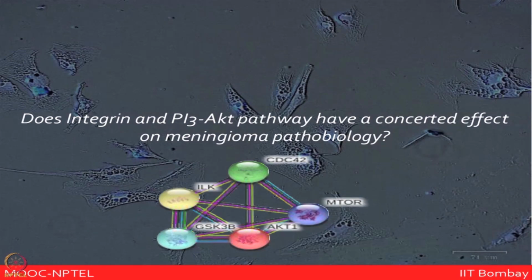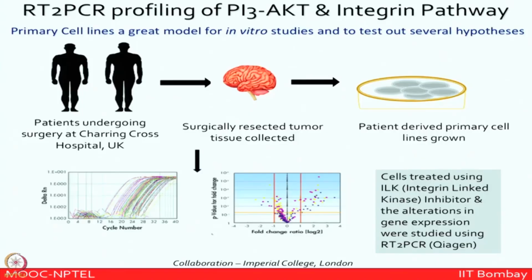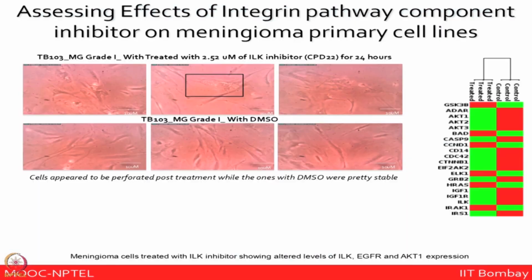To do this, in collaboration with Dr. Nell's lab from Imperial College London, one of my students went and looked at patient-derived cell lines of meningioma and treated them with one inhibitor, which is ILK, integrin linked kinase, to look at the effect of this particular inhibitor on these meningioma patient cell lines, because our aim was to look at some of the targets of the PI3 AKT pathway and whether this inhibitor could actually block or affect some of these proteins.